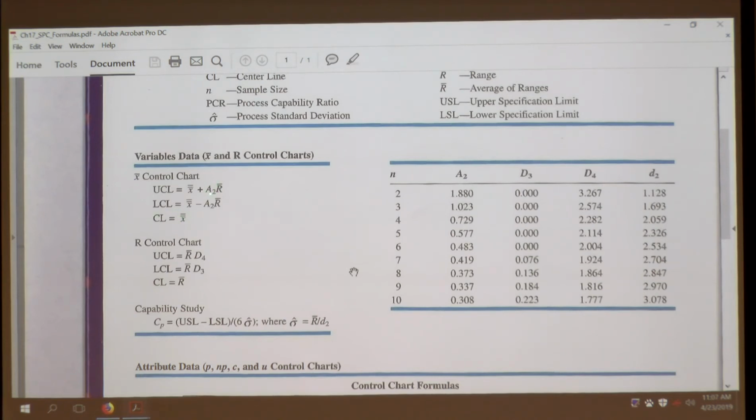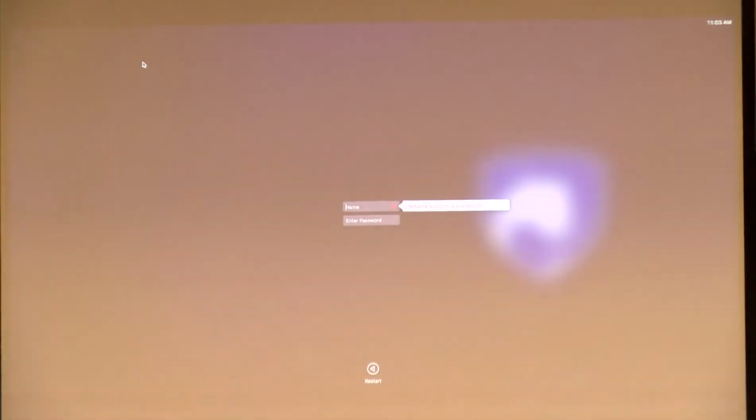But how to get this A2? A2 varies with the sample size, and depending on the sample size you have, you take a different A2, and then you plug it into this equation because you know R bar, you know X bar, so you will be able to plot this control chart, and based on the control chart you're going to see whether your points get out of the control limits or not.